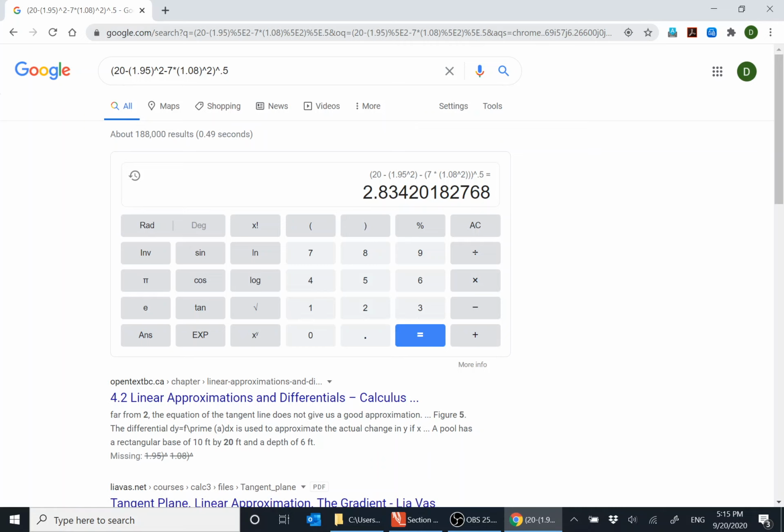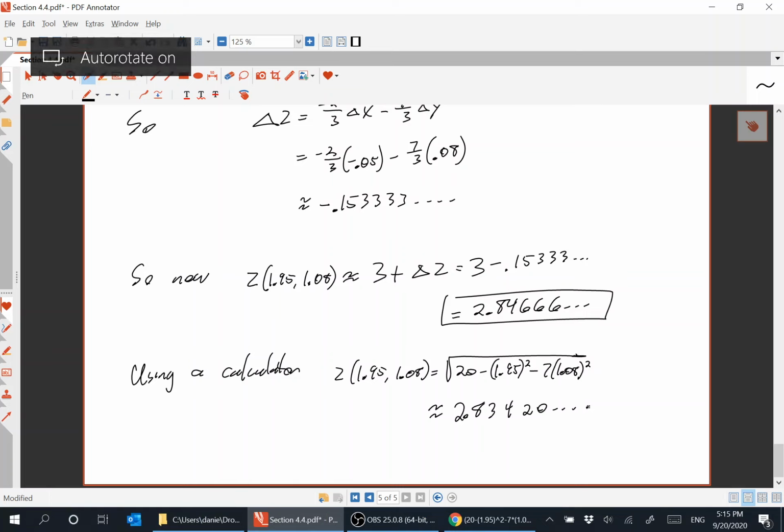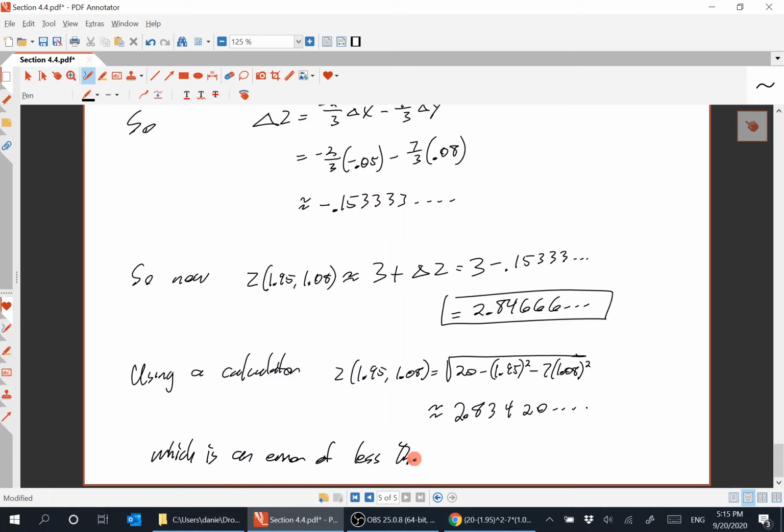So that's 2.83420... which is a very small difference, less than 1/100th, an error of less than 10 to the minus 2.